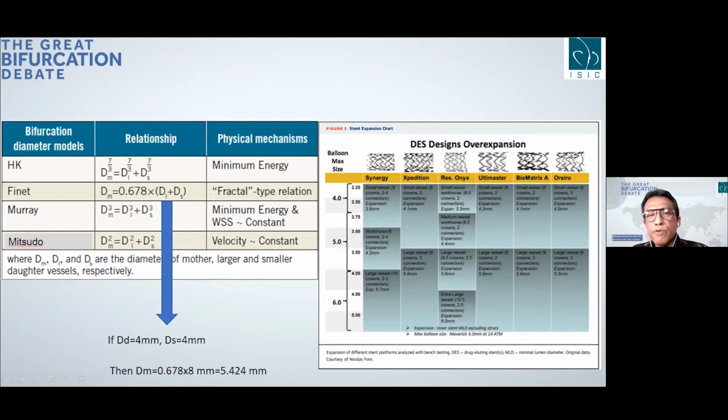So you have to choose which stent can be over-expanded. I chose the Abbott stent here, which can be over-expanded up to 5.6 millimeters.